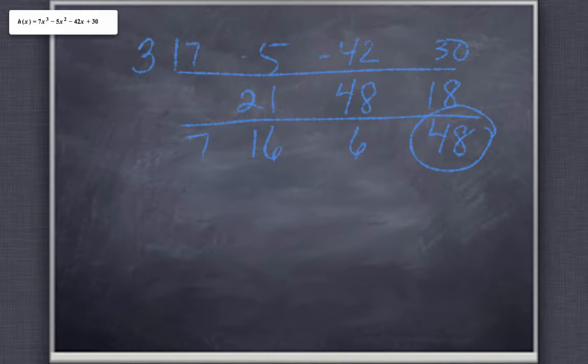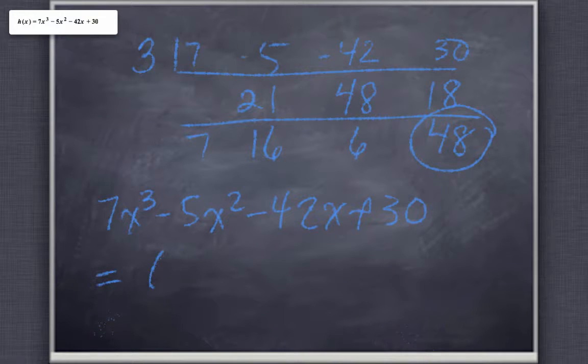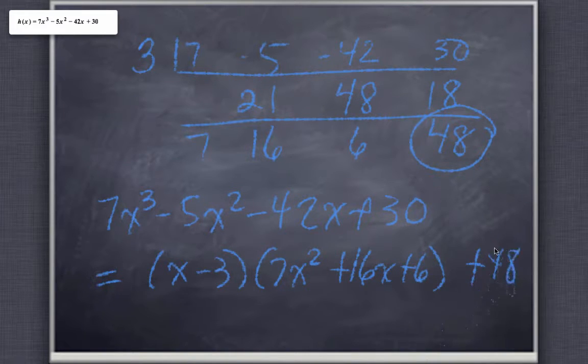This means 7x cubed minus 5x squared minus 42x plus 30 equals x minus 3 times 7x squared plus 16x plus 6 plus 48. So if I plug in 3, then this is 0, so this all cancels, and I'm left with 48.